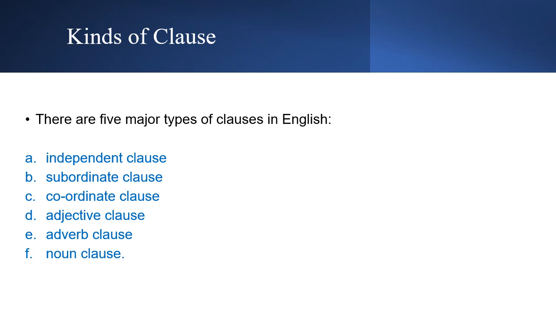In the same way, if it is an independent clause, it means it should be a complete sentence. If it is a subordinate clause, it should be an incomplete sentence. If it is a coordinate clause, both clauses should be complete sentences. If it is an adjective clause, this clause must have an adjective in it. If it is an adverb clause, this clause must have an adverb, and the same for noun clause. Okay, so their names are basically telling us everything.